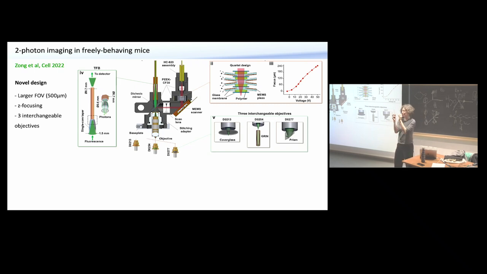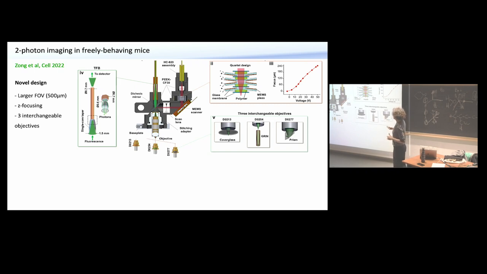The mechanical integration is very good. They again use a MEMS scanner, again use the same fiber to illuminate. But now they have here an electrically tunable lens to focus the beam in the sample and to do 3D imaging.